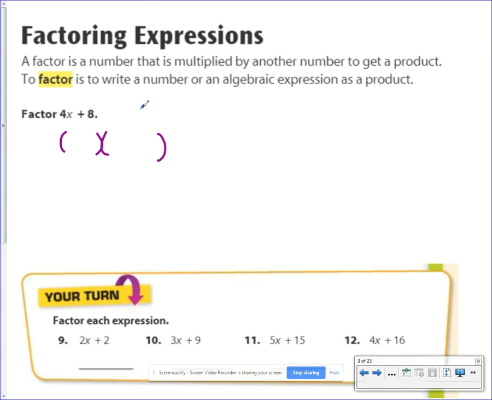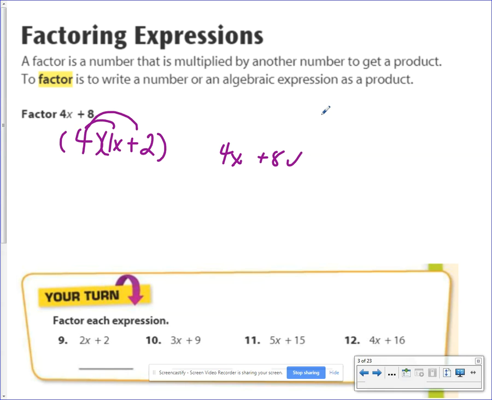Well, they have a common factor of 2 or 4. So if I factor a 4 from that 4x, it's kind of like dividing it out or breaking it apart. That would give me 1x, and 4 times what number here would give you 8? That has to be a 2.